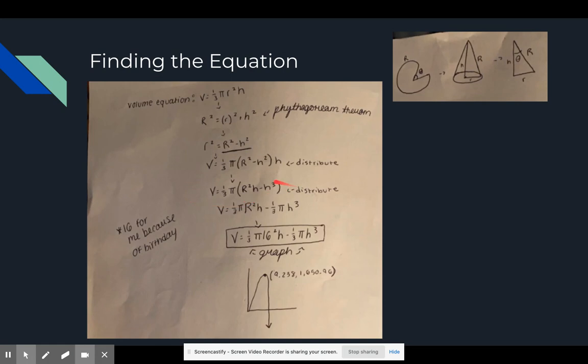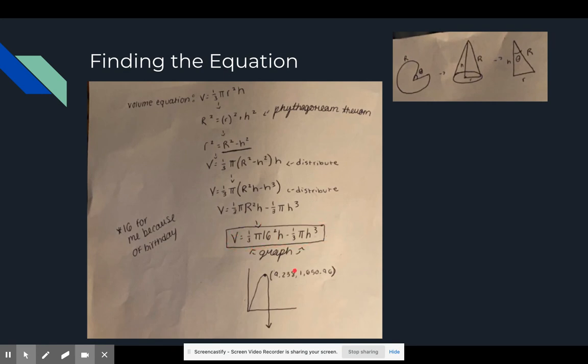Then I distribute the 1/3 pi to both sections within the parentheses. From that you get 1/3 pi capital R squared times the height minus 1/3 pi height cubed. This is your final equation, and for the slant height, or the radius of your original circle, mine is 16, so I can substitute that number in for that variable. So this is ultimately my final equation.